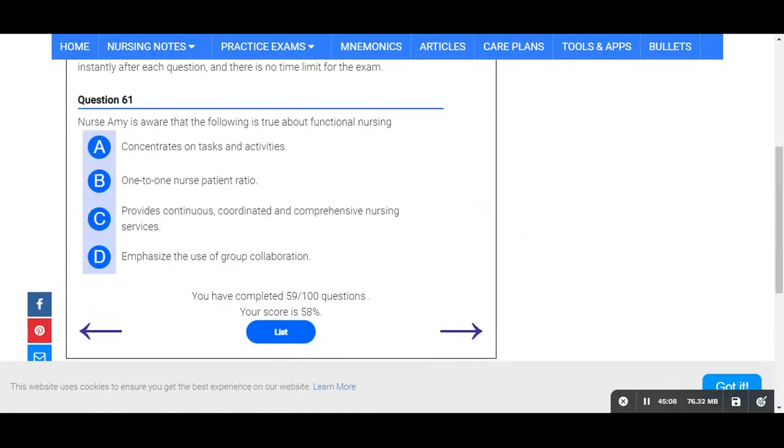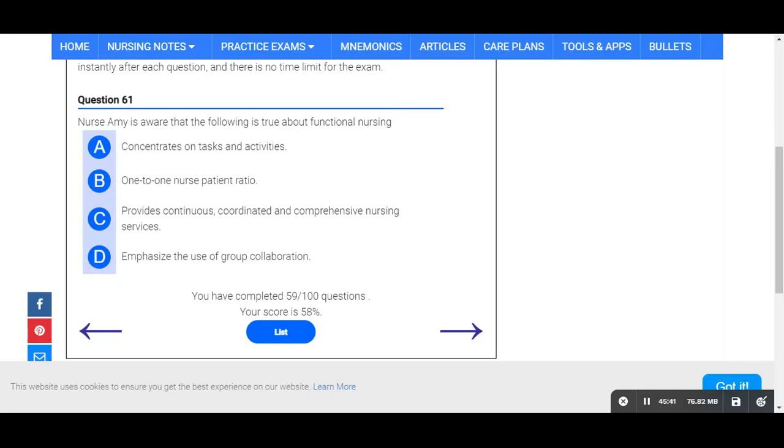Now, this is the last question that we're going to answer. Nurse Amy is aware that the following is true about functional nursing. Concentrates on tasks and activities, 1-to-1 patient ratio, provides continuous, coordinated, and comprehensive nursing services, emphasizes the use of group collaboration. What is functional nursing anyway? Functional nursing. Can I find it in Google?